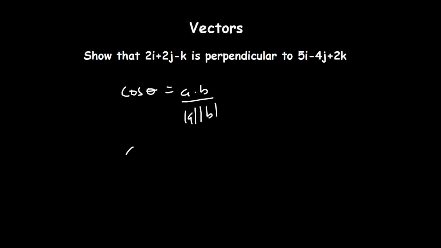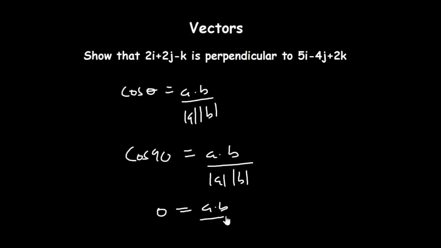So we take cosine of 90 degrees equal to A dot B divided by the magnitude of A multiplied by the magnitude of B. The cosine of 90 is 0, so you have 0 equals A dot B over the magnitude of A multiplied by the magnitude of B.